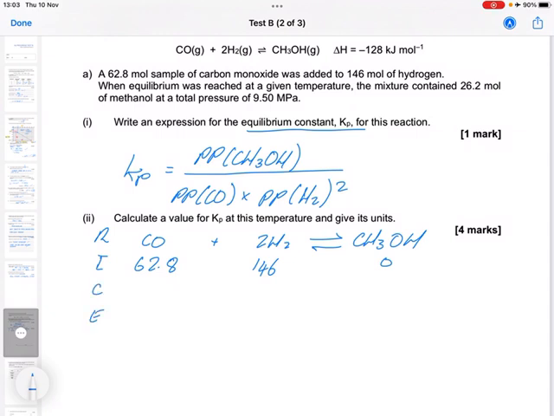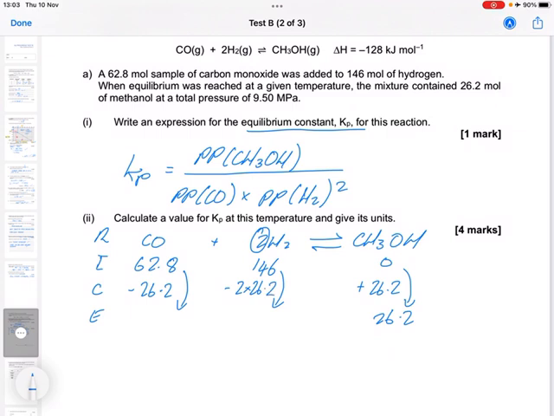At equilibrium, I'm told I have 26.2 of this, so the change here is plus 26.2. So the changes here will be minus 26.2 and minus 2 because of this times 26.2.